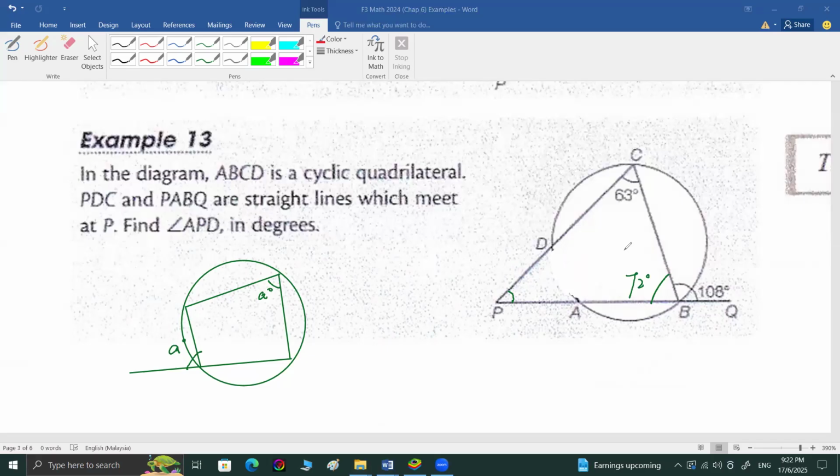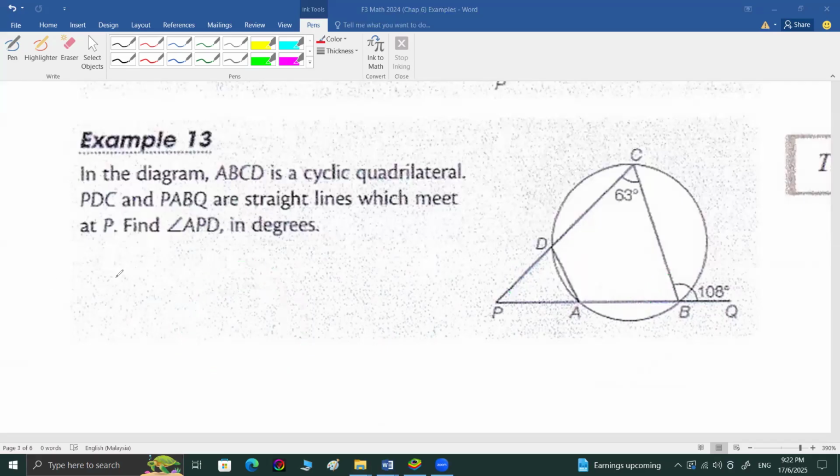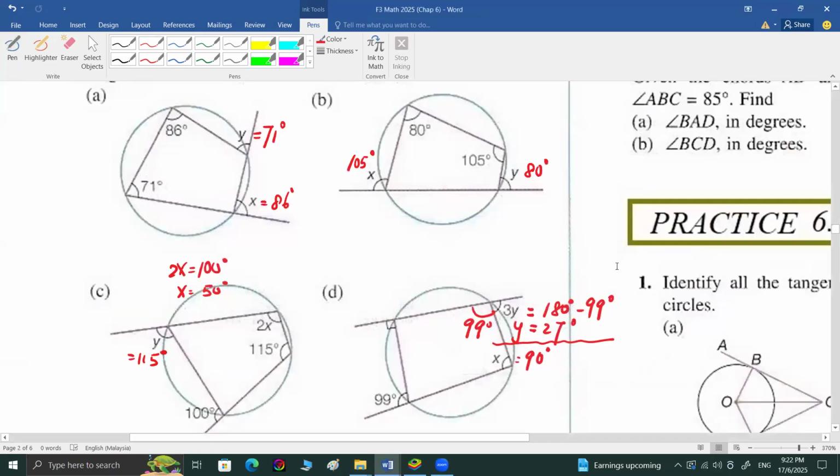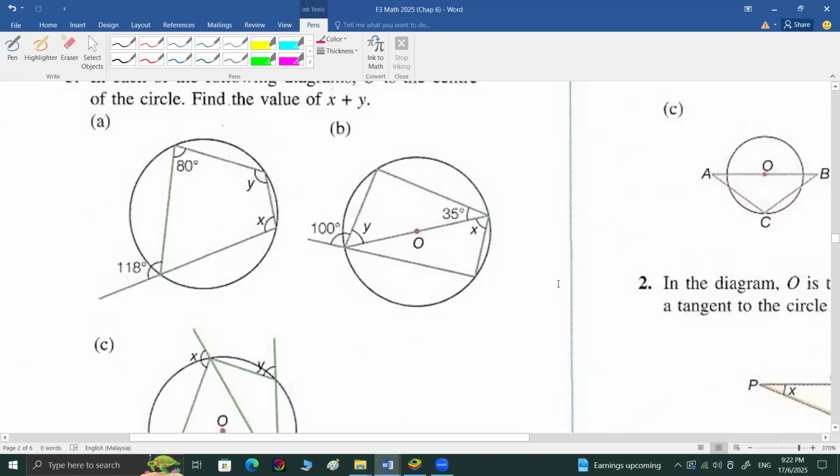Have a try at question 5 now. Take note, I want x plus y.